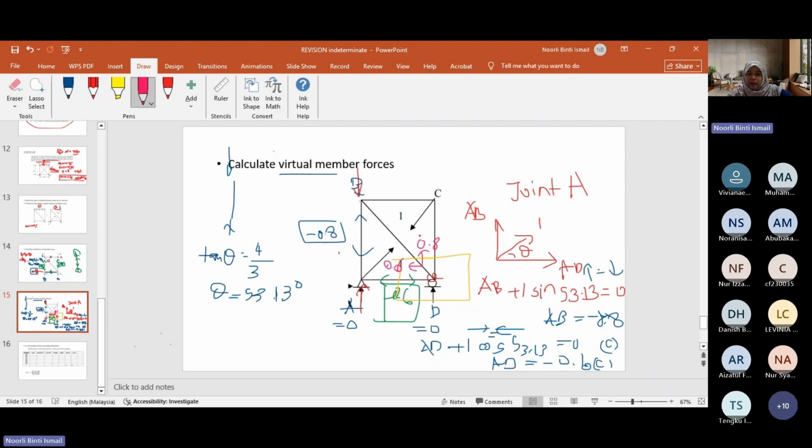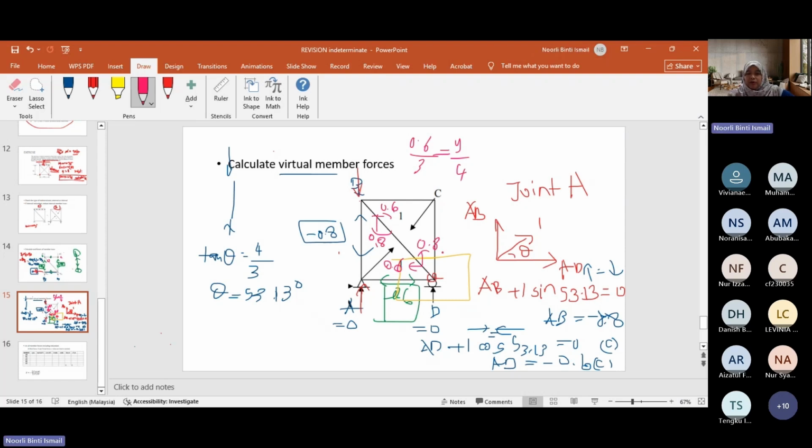How do we get 0.8? 0.6 divided by 3 equal Y per 4. So we get lah 0.8. Kan? Okay, then you need to do another part like this. So 0.6, another one, 0.8. Okay, that's it, 0.8.